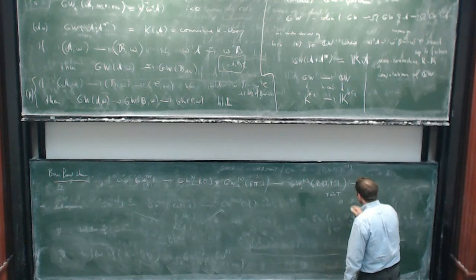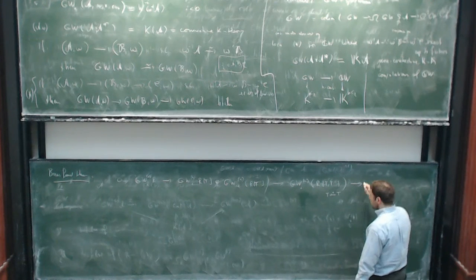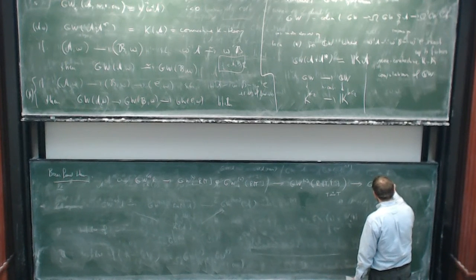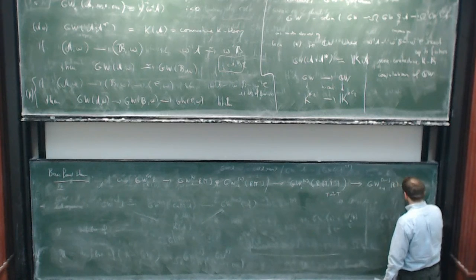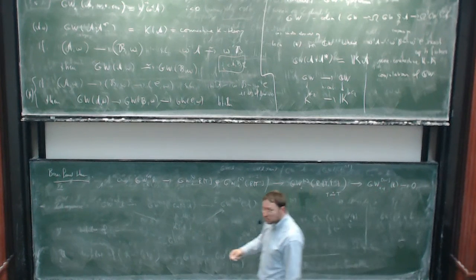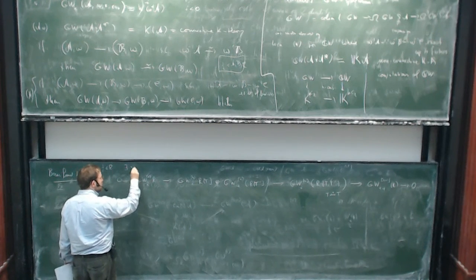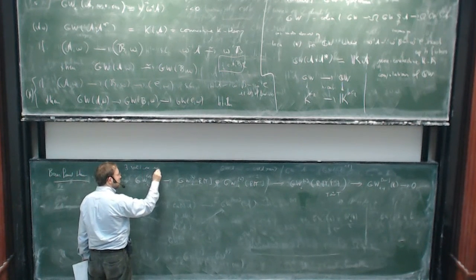And now, yes, then the next term is GW, but now you go down in both indices. This is a split exact sequence. So again, this uses that there's a split exact sequence.